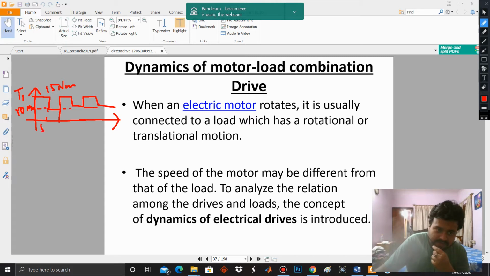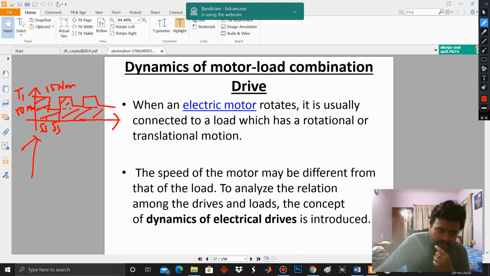Let us say for the first 5 seconds it is 15 Newton meter, and for the next 5 seconds it is 10 Newton meter. This is called the load torque profile or the load profile. So it is very much industry specific.